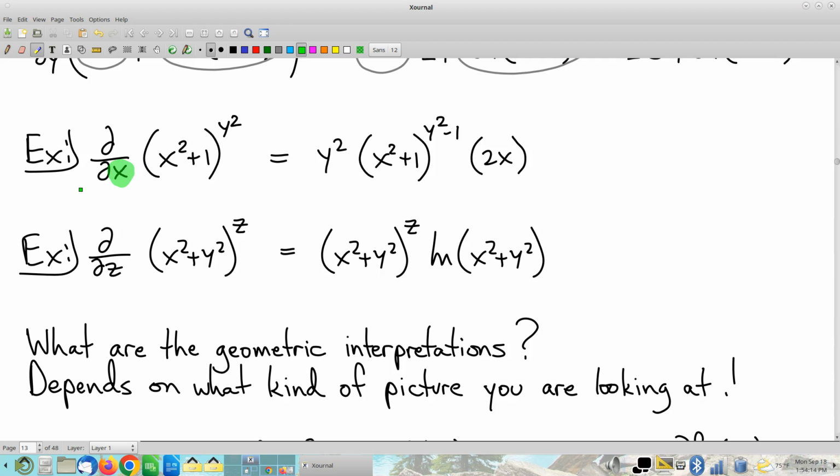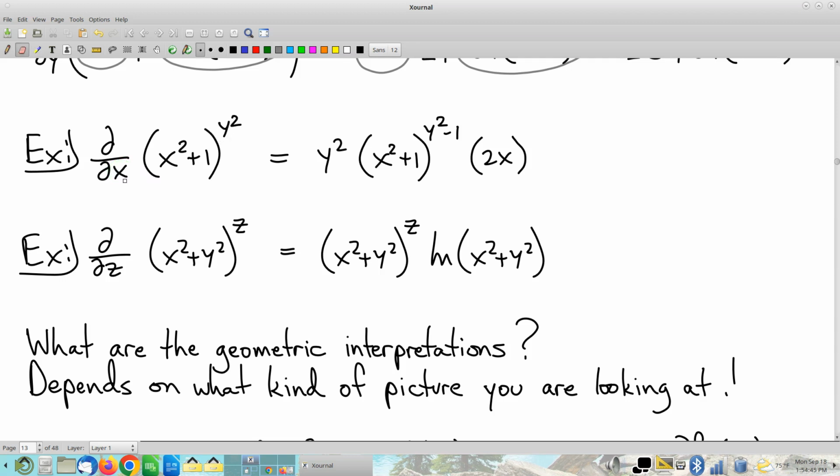For the purposes of this calculation, y is constant. And that means y squared is a constant. And that means what you have here is a very simple function to the power of a constant. And it's just a power rule thing. Super easy. You just follow the usual power rule. Bring down the exponent, subtract 1 from the exponent. Don't forget the chain rule, the derivative of the inside, that kind of business. Easy.